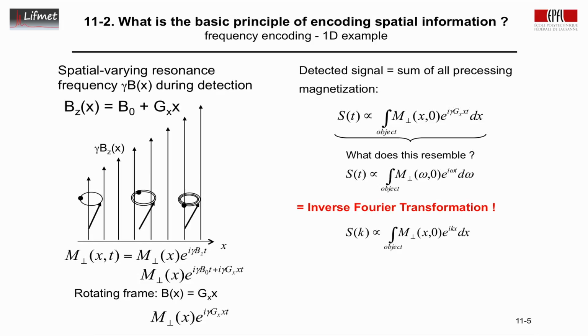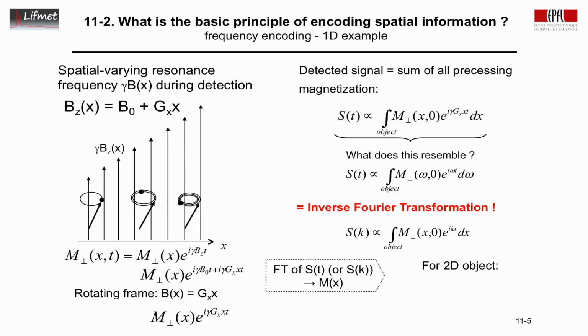So x and k are linked through Fourier transformation. They are the Fourier pair, like omega and t are the Fourier pair. If we take the Fourier transformation of the signal that we record as a function of time, or as a function of k-space, this gives us the magnetization along x.